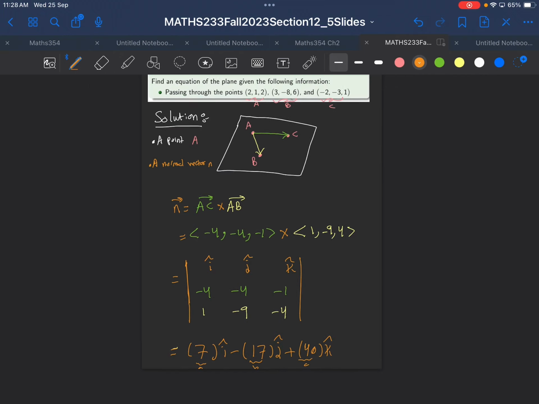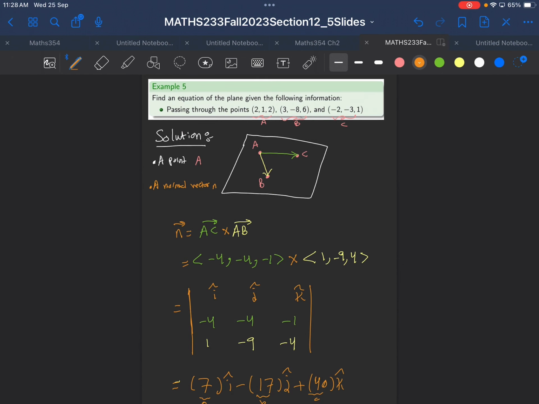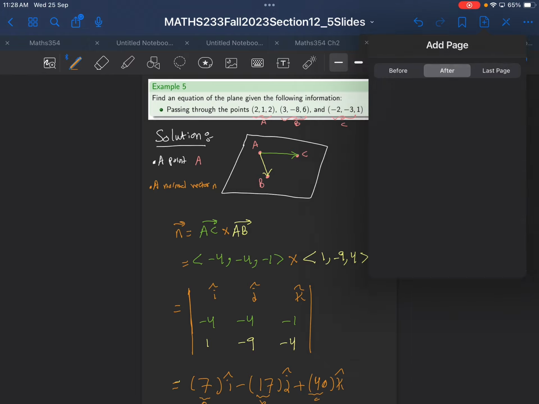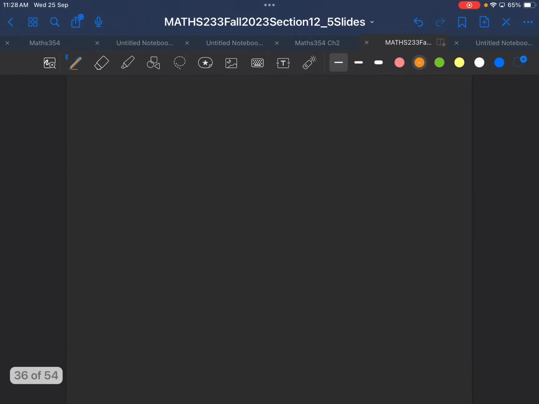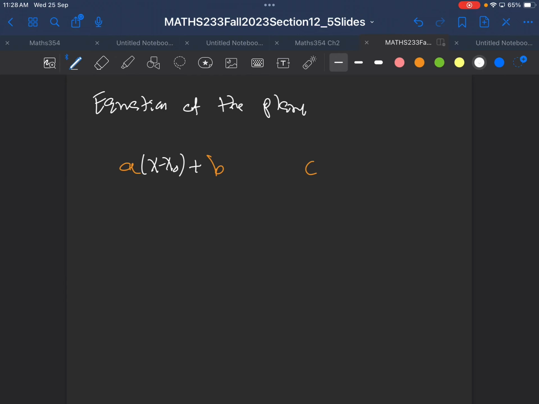Now if you have A, B, C, and you have a point, you can easily find the equation for the plane. Let's write the final answer here. We say the equation of the plane will be A times (x minus x naught), plus B times (y minus y naught), plus C times (z minus z naught) equal to 0.